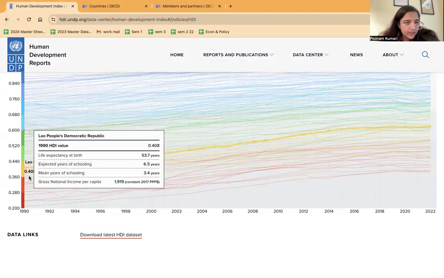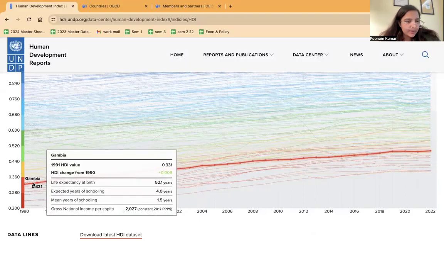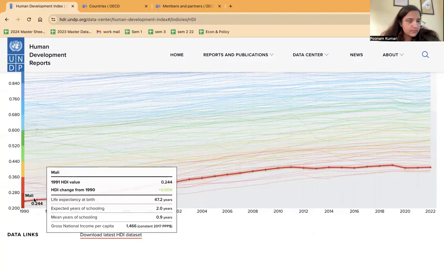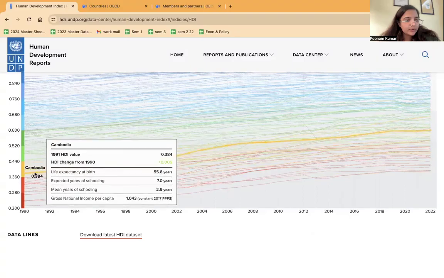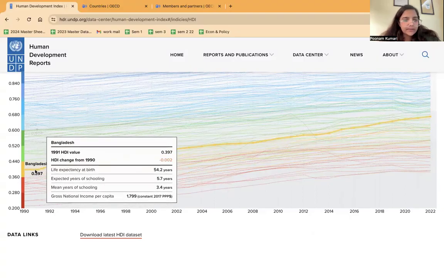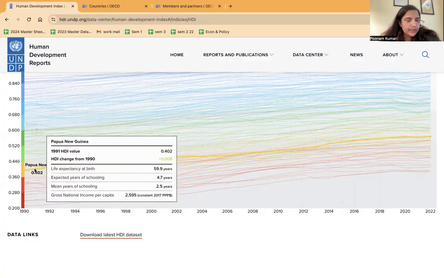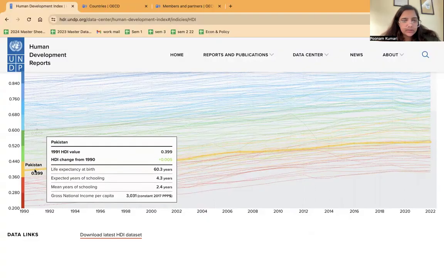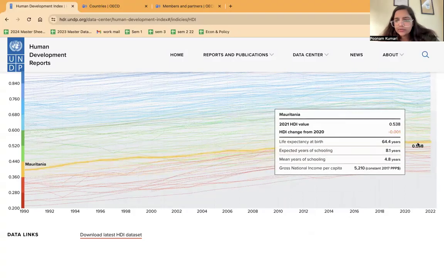So if you talk about low developed countries, there is Yemen, Myanmar, all the Sub-Saharan African countries, and then slightly above you will see Bangladesh here, then Congo, Senegal, and then you have Pakistan here. So in the 1990s, what is the situation? Obviously, here the situation has gone up. It has been in a yellow marker, but it hasn't been able to change its situation too much, right?